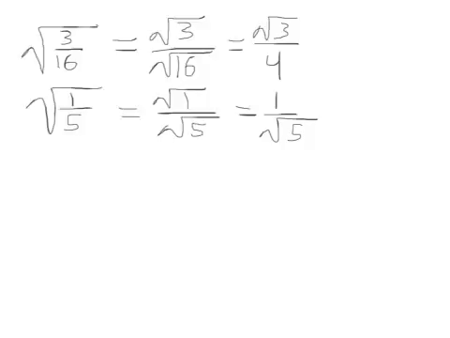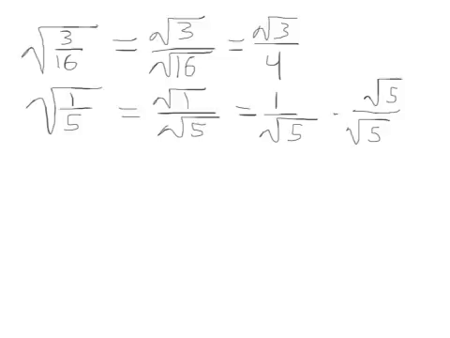So we're going to use our previous properties where if we multiply by square root of 5 over square root of 5, notice what I'm doing is multiplying by a fancy way of writing number 1. Square root of 5 over square root of 5 is another way of writing 1.